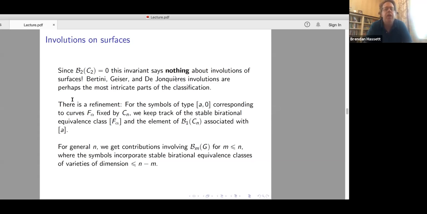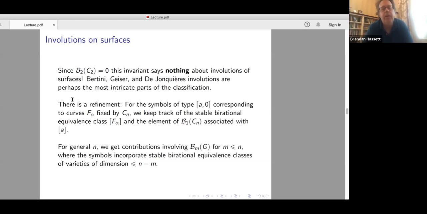So what you have in general is that in dimension n, you get contributions involving these BM of G's, where the symbols incorporate the stable birational equivalence classes of the fixed loci that appear in codimension M. So B1 contributes in codimension 1, B2 contributes in codimension 2. And so these refinements are actually quite useful in doing computations in many cases.